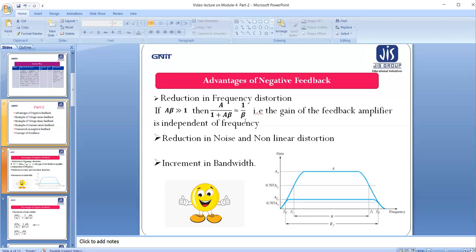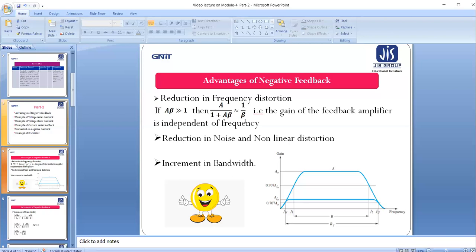The second one is the reduction in noise and nonlinear distortion. First, noise. As we have already discussed, the entire system response is A by 1 plus A beta. That means it is much lesser than the original amplifier gain.